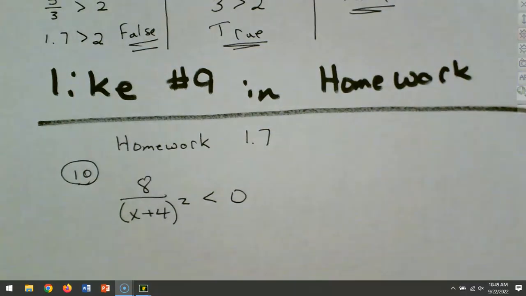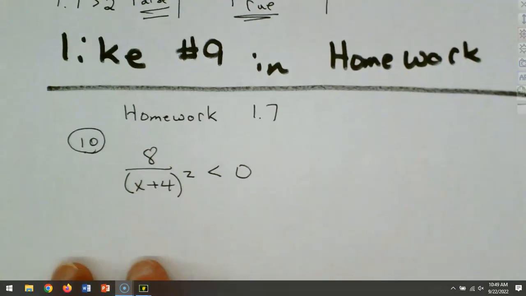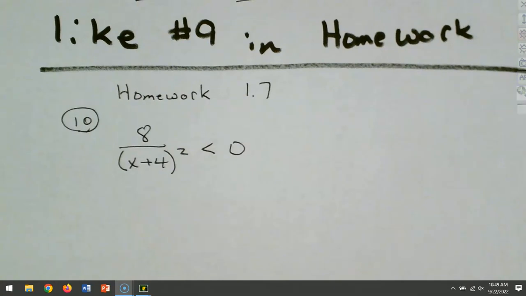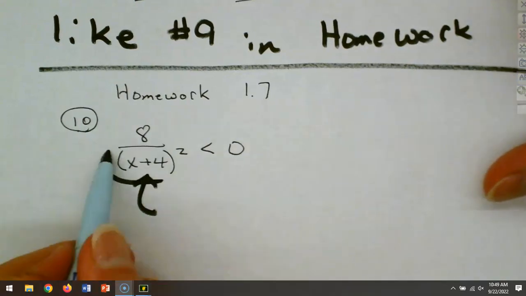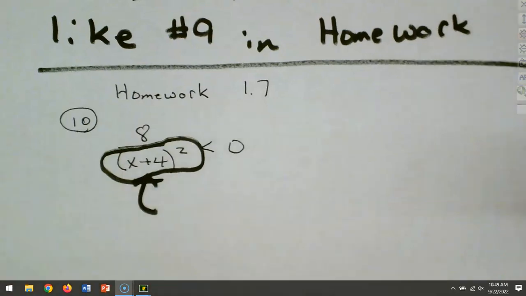Now, this is the only one like it, and I want us to use some thinking here. Specifically, let's think about an absolute value and a square. They're very similar.